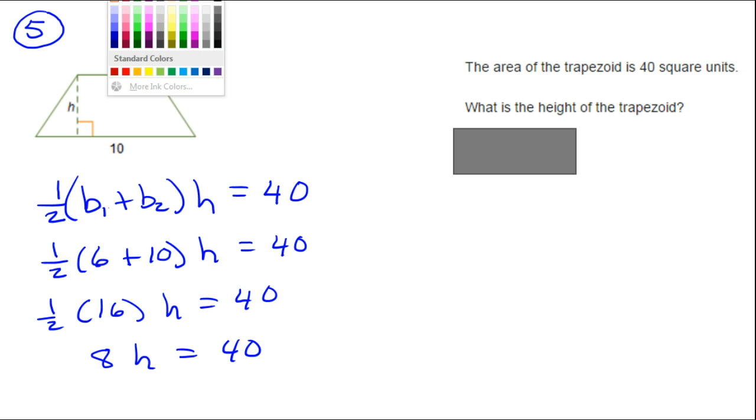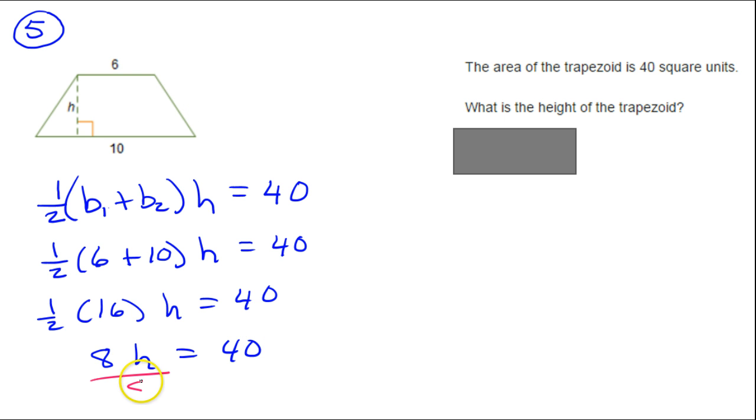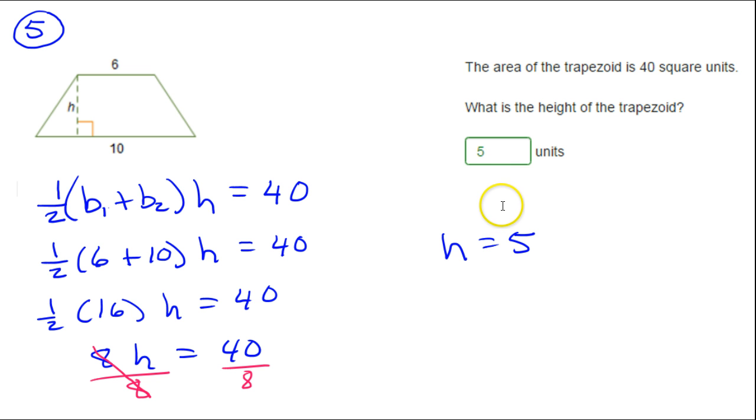Dividing by 8 on both sides, we get that the height is 5. So the answer should be 5 units. And there you go.